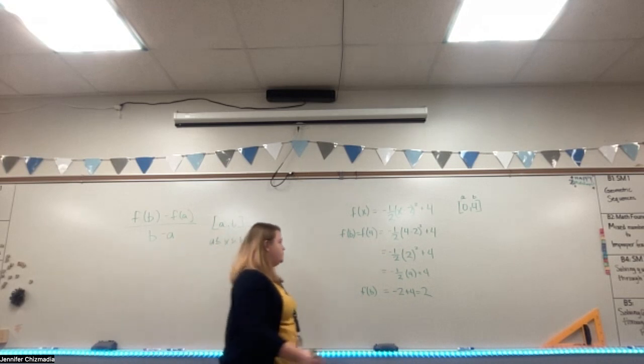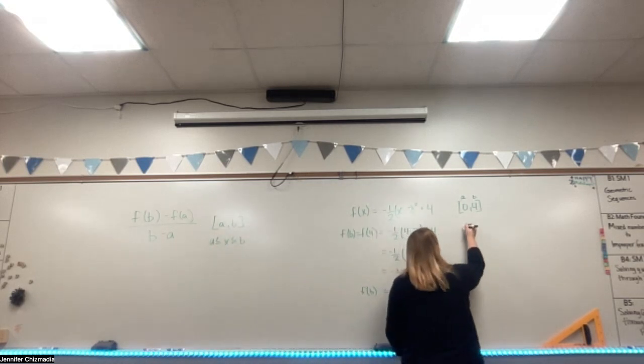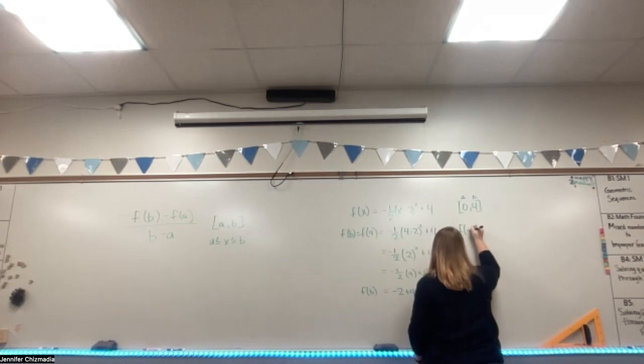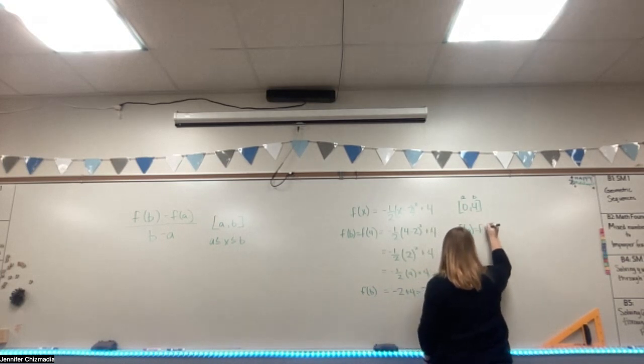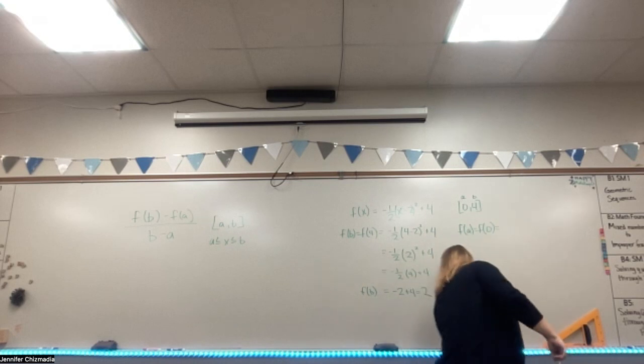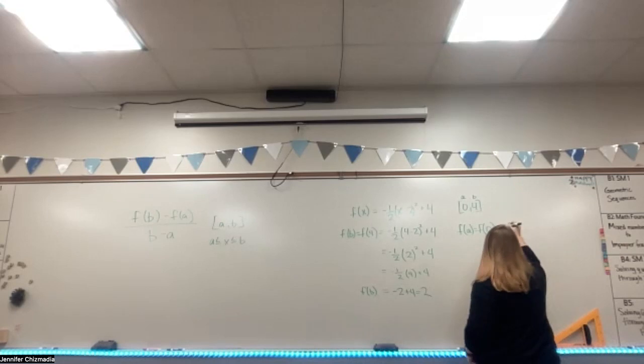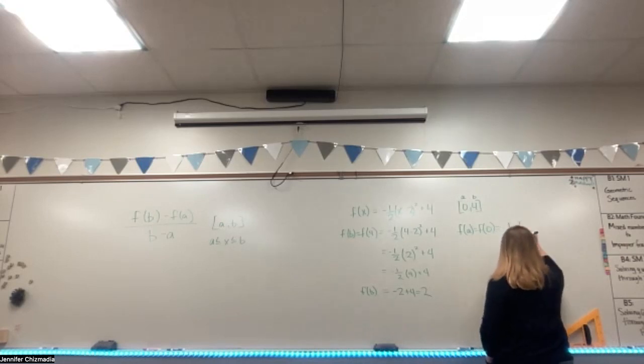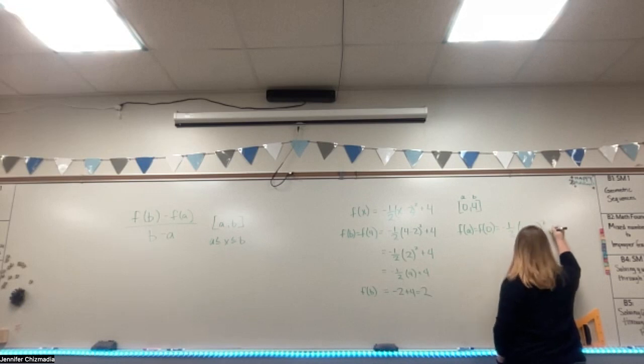So let's find F of A. A is 0. Negative 1/2, parentheses, 0 minus 2, and 2 plus 4.